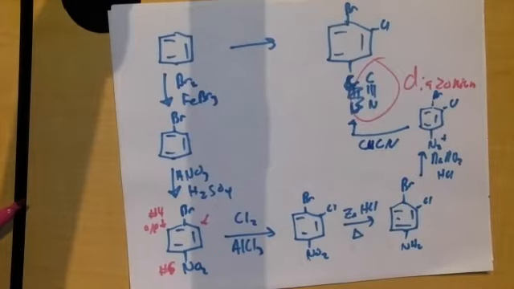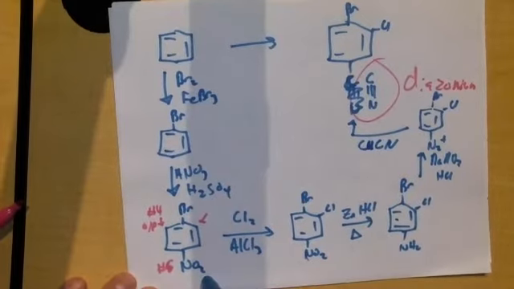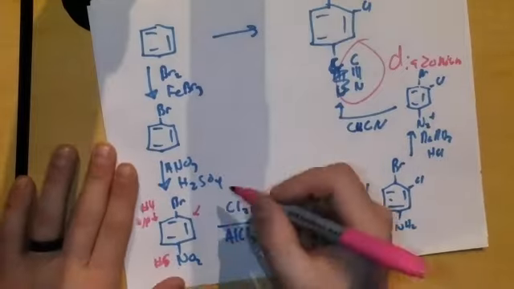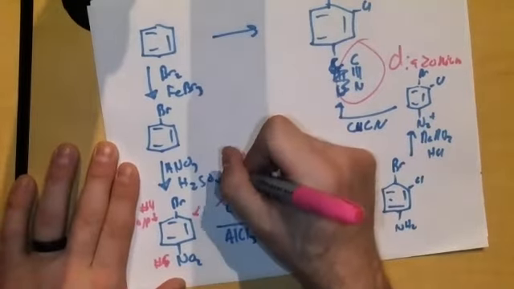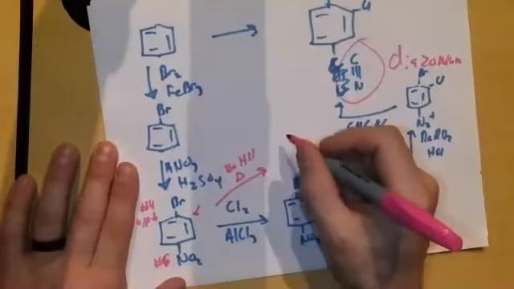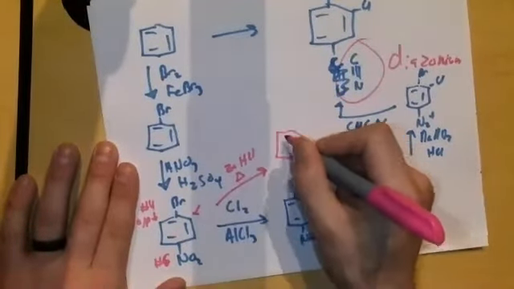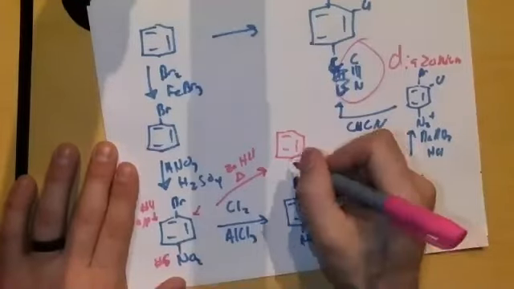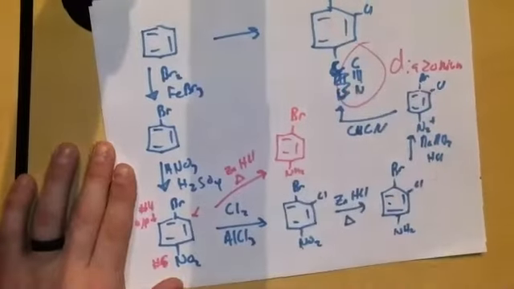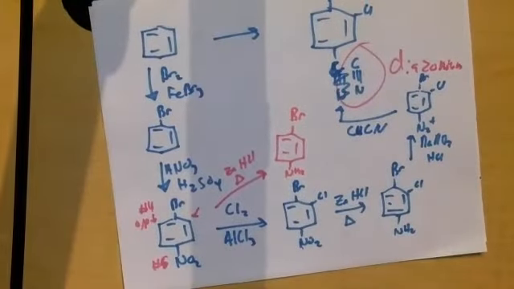Okay, and then the question in the 9:30 was, can you reduce this first before adding in the Cl? If we were to try to do that, draw that out in pink. If I was to add zinc, HCl, and heat here, I'm going to run into an issue.